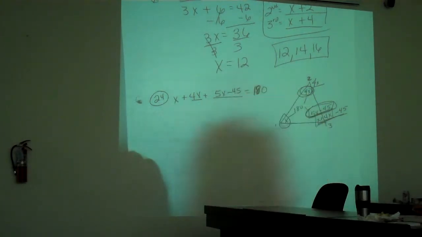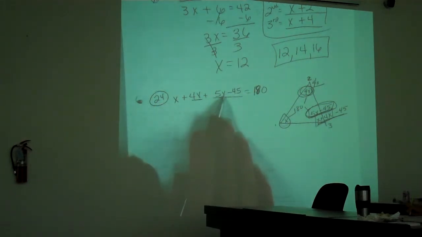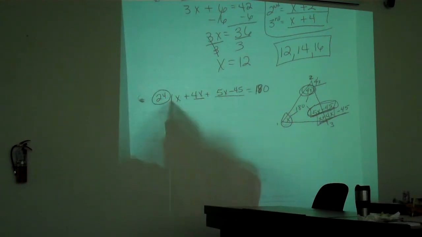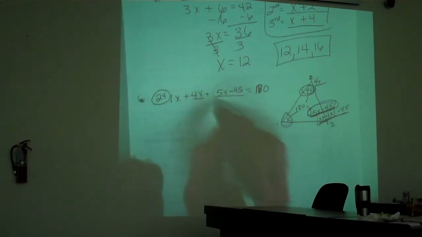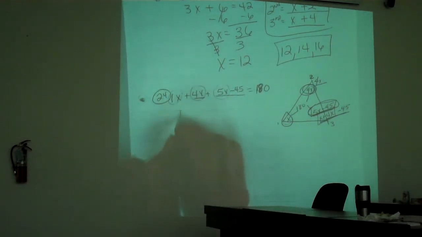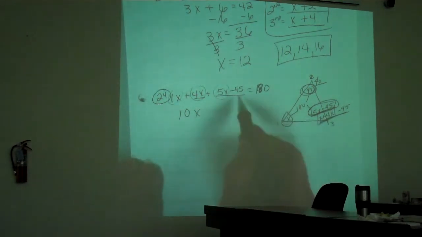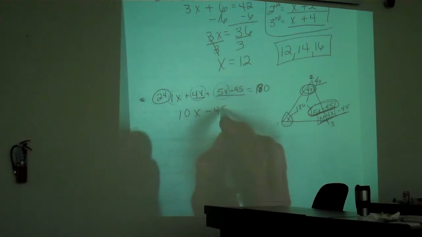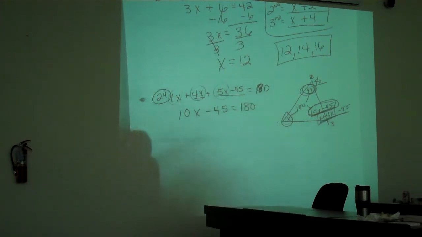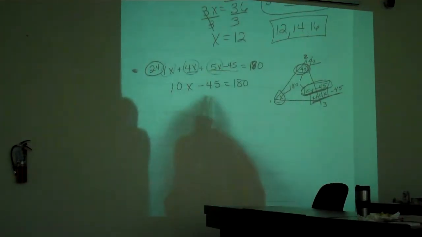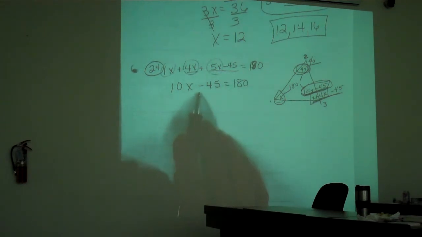Okay, let's combine all of our x's over here. 5 and 4 and 1. So that's 10x, right? 5, 4, and 1 add up to 10x. And then we just have the minus 45, equals 180. So what was the first thing to do to solve this?